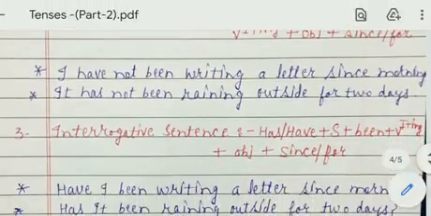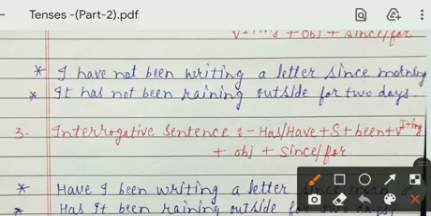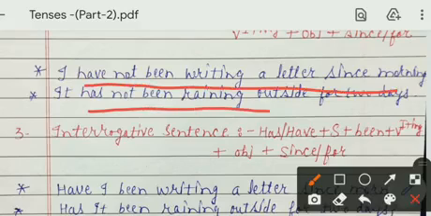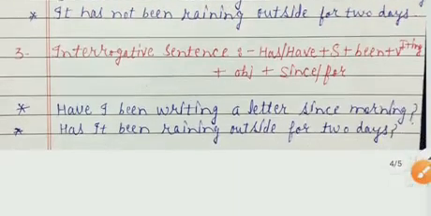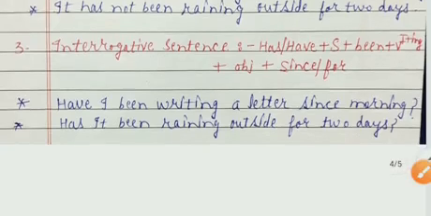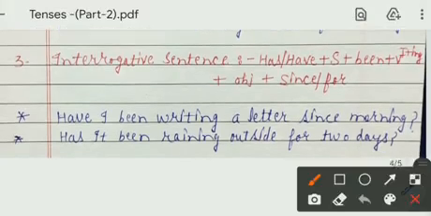Example is, I have not been writing a letter since morning. It has not been raining outside for 2 days. It's very easy to make a negative sentence. You just put here not and the structure will be same as in affirmative. In interrogative, I have already told you that you have to put the helping verb in the front.